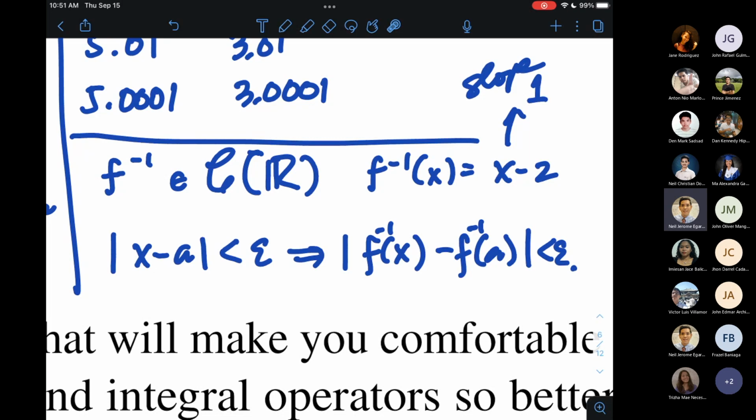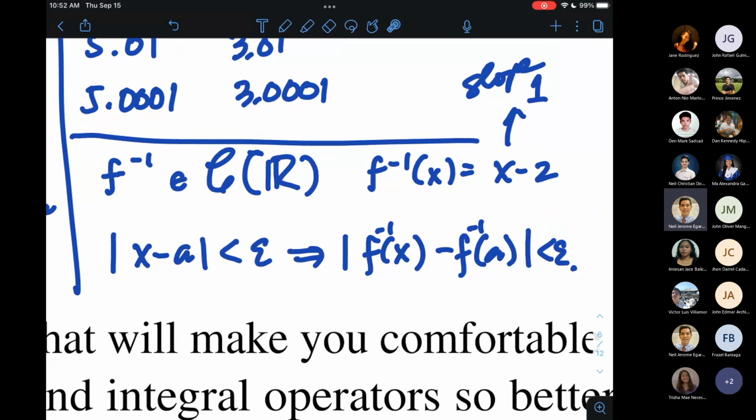So ibig sabihin, pag binago natin ng epsilon, yung data dun sa problem, or in the context of our inverse problem, pag binago natin yung desired output by an amount epsilon, yung mababago dun sa solution na ma-obtain natin for the inverse problem ay also epsilon units.